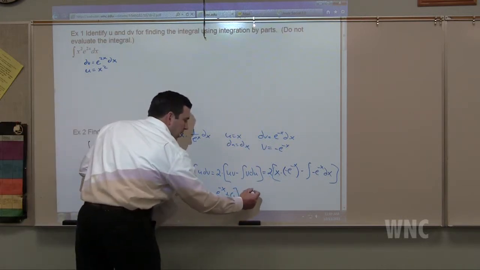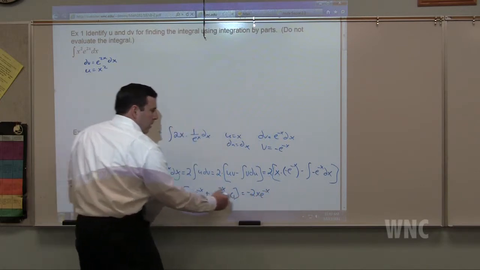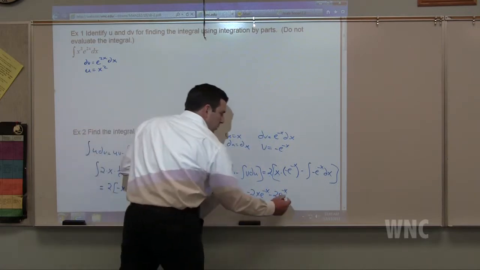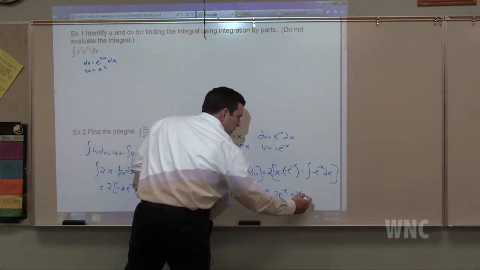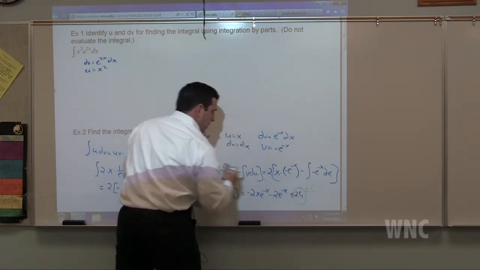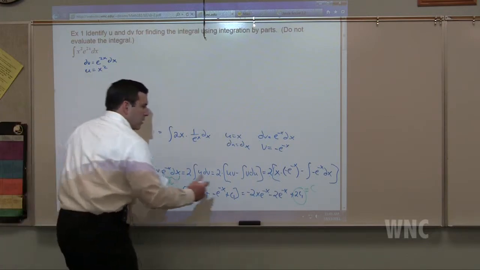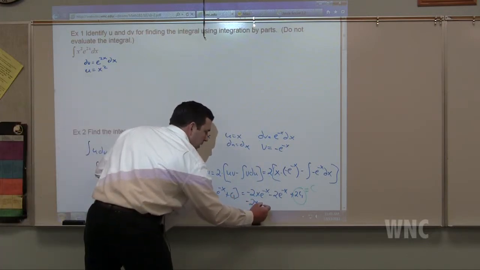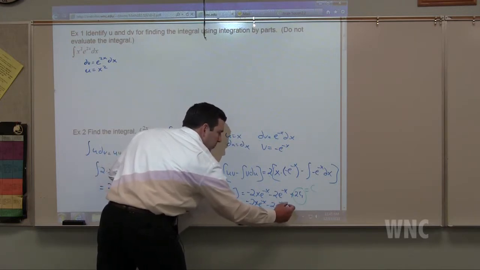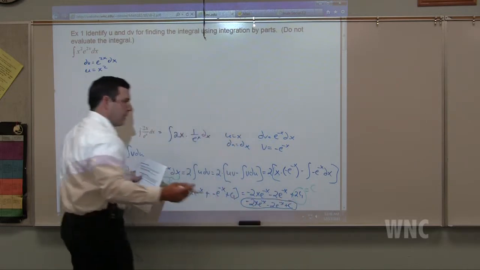So we have negative 2x e to the negative x, minus 2 e to the negative x, plus 2c1. Let's call that c. So it's negative 2x e to the negative x minus 2 e to the negative x plus c. That's it.